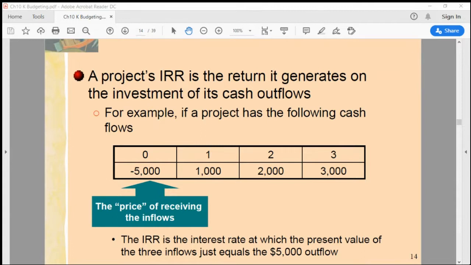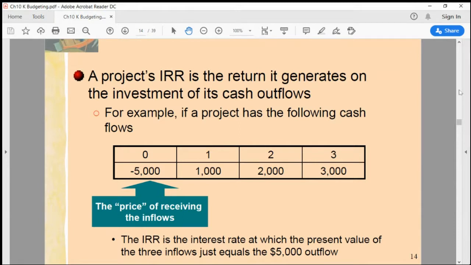Now, in our last class, we discussed at least four capital budgeting techniques, and one of them is internal rate of return.